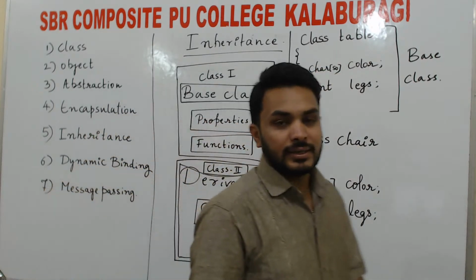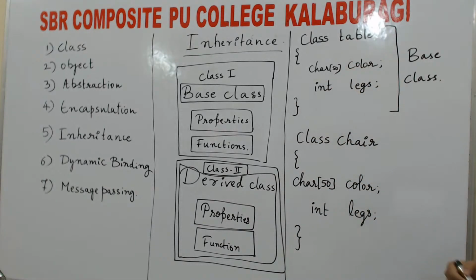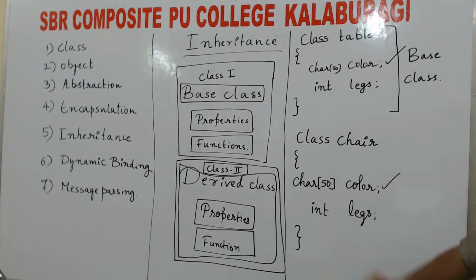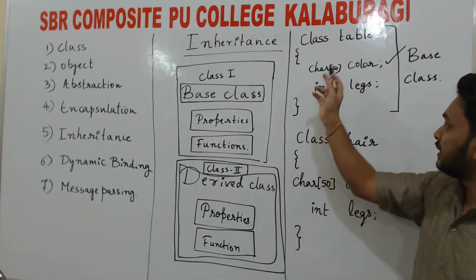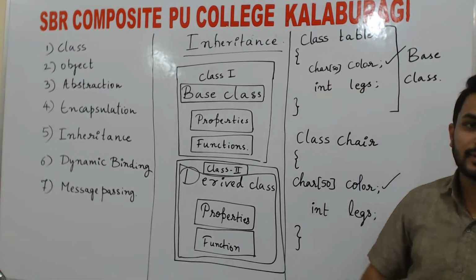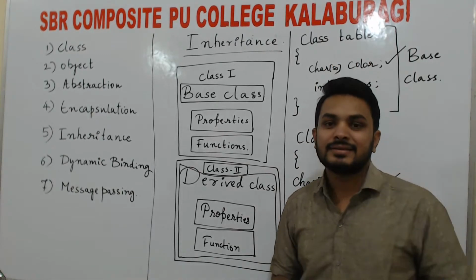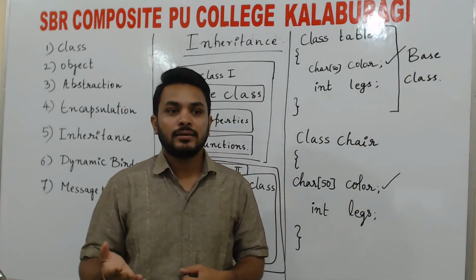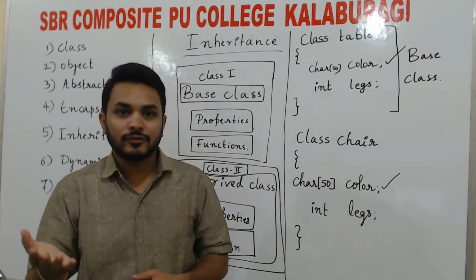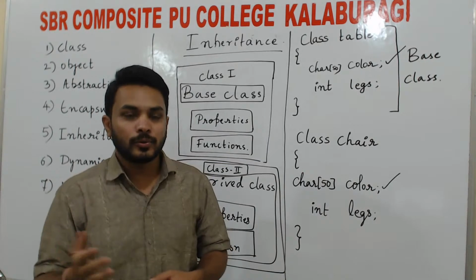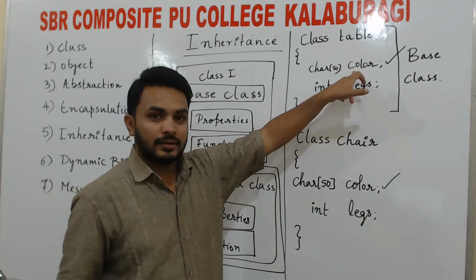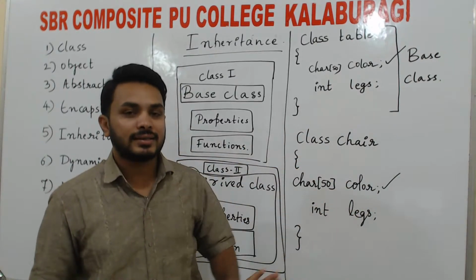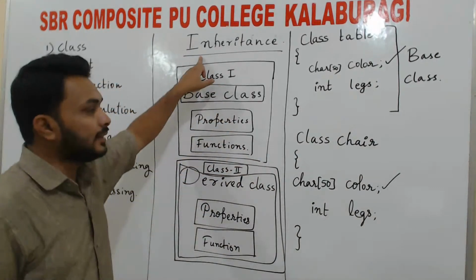See here, we are taking multiple classes, but we are writing the color in the table and the color in the chair also. To avoid overwriting two properties, since the one color is in both classes, we will go with the inheritance concept.